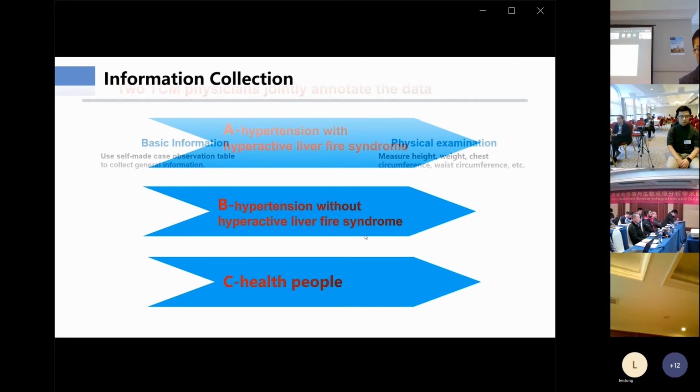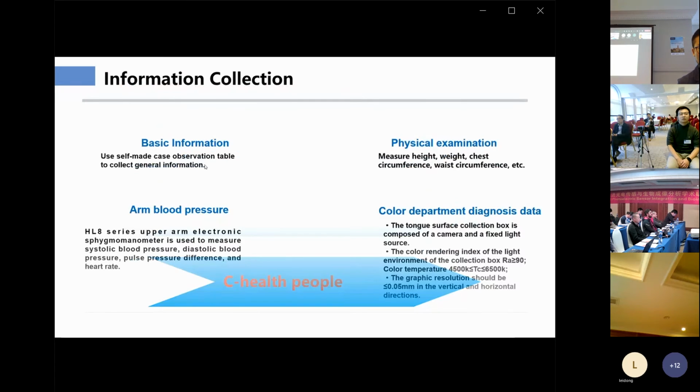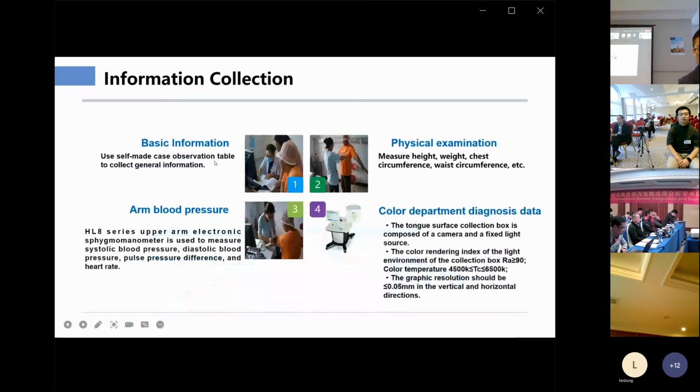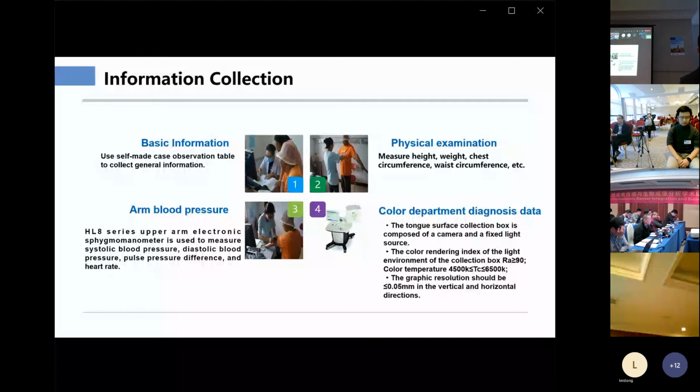First of all, we did the information collection, which includes basic information, physical examination, blood pressure, and corresponding diagnosis data, using a device composed of a fixed camera and a fixed light source.